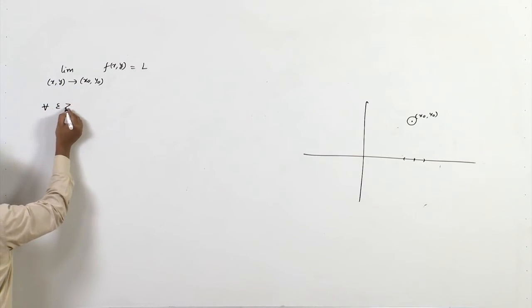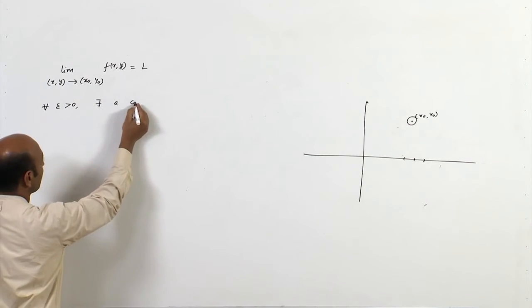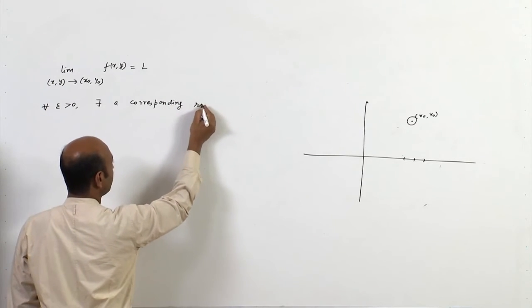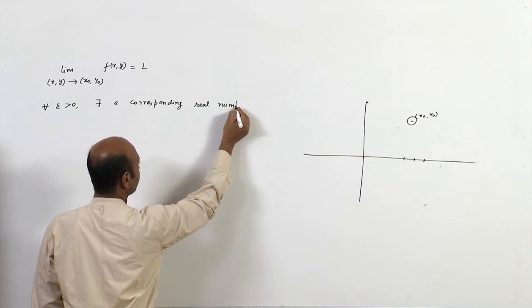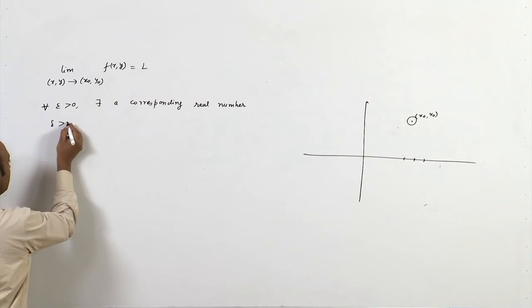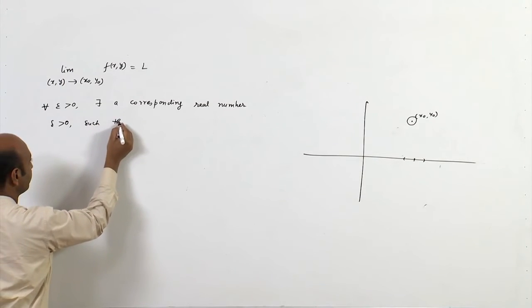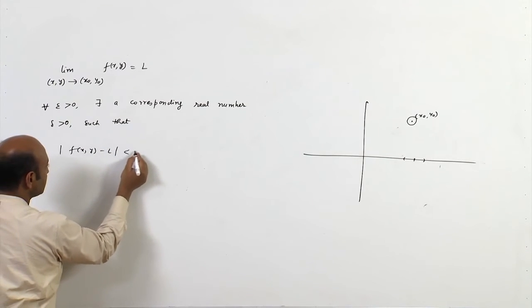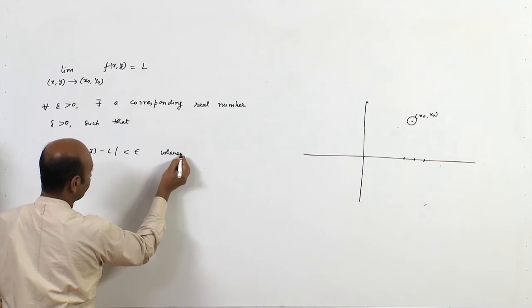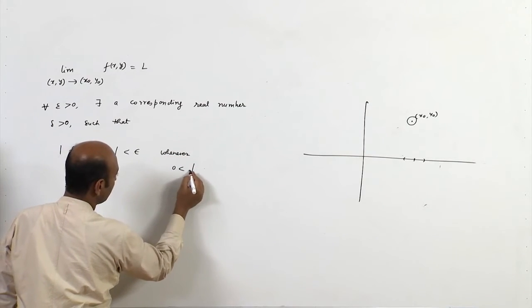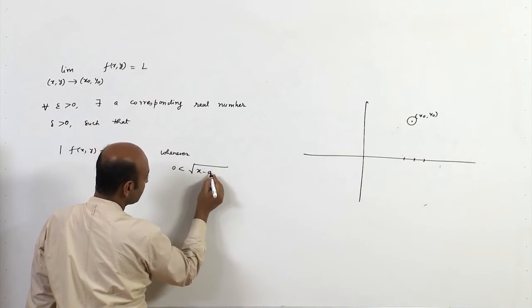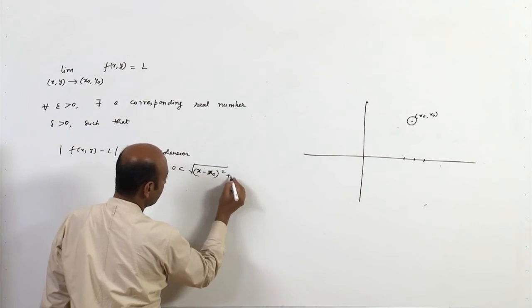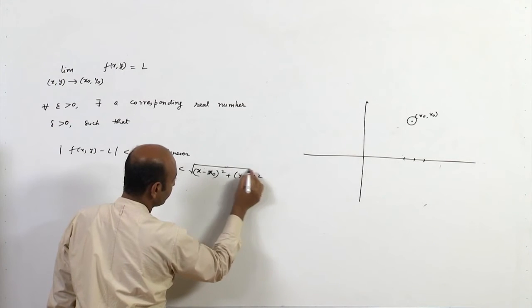For all epsilon greater than 0, there exists a corresponding real number delta greater than 0 such that mod f(x, y) minus L is less than epsilon whenever 0 is less than under root (x minus x naught) whole square plus (y minus y naught) whole square, less than delta.